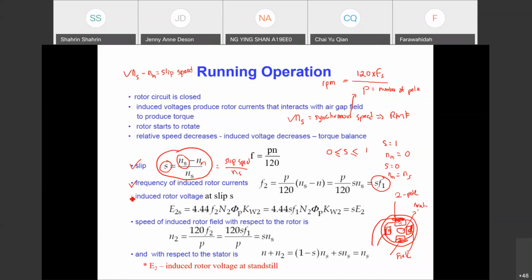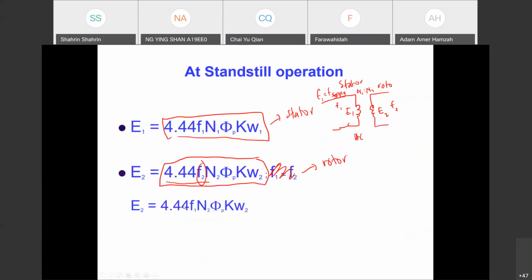The third one is the induced voltage at the rotor side. As you can see from my previous circuit, you have E1 and E2, right? But since this is a rotating part, the voltage induced for this rotor depends on the slip value.